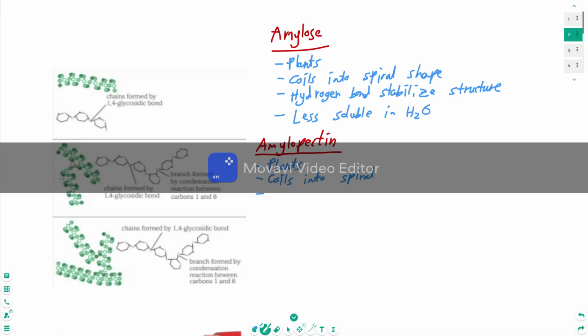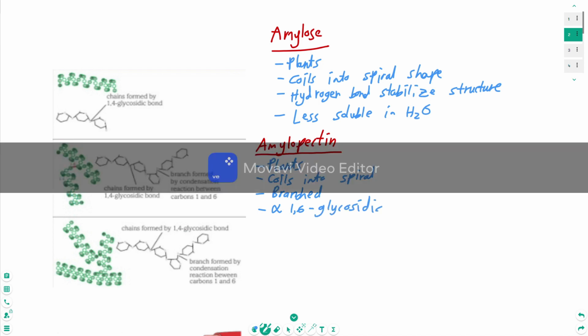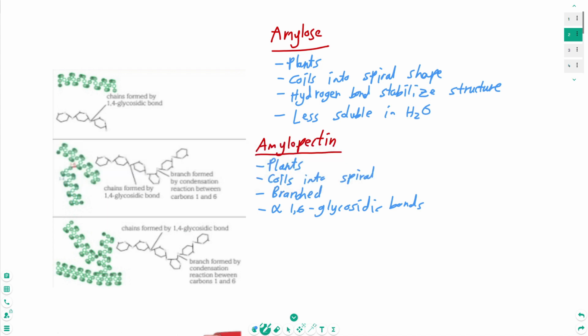But this time it's branched. This one is branched, and it contains 1,6 alpha glycosidic bonds. Basically this branching means it's able to store a lot of energy, and it's quite compact. It's more compact than amylose, which is just one straight chain. But amylopectin helps it be a little bit more compact in plants.